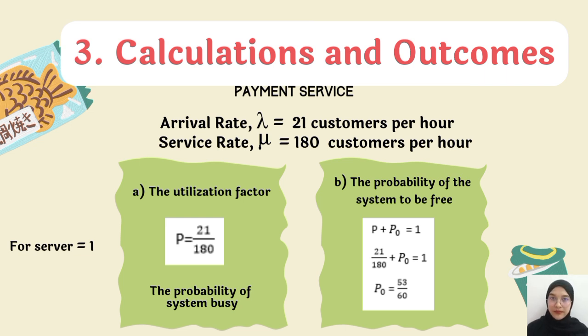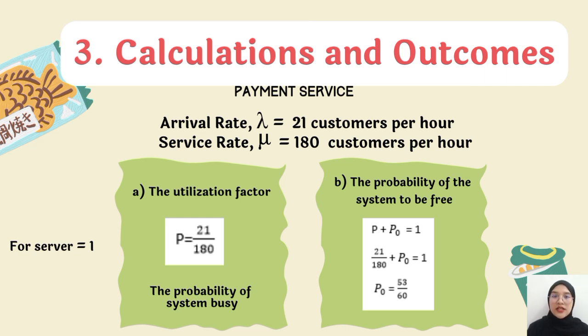Solving for P naught, P naught equals 1 minus 21 over 180, so P naught equals 53 over 60. This means the system is free and ready to serve customers approximately 88.33% of the time. So, in summary, the server is busy 11.67% of the time, and the system is free and available for new customers 88.33% of the time.